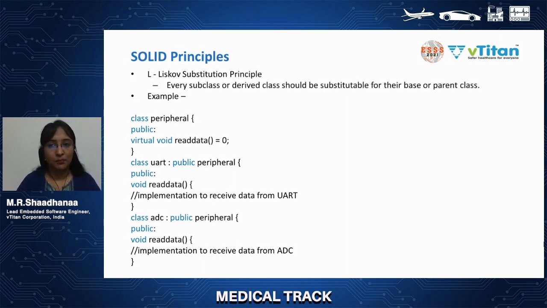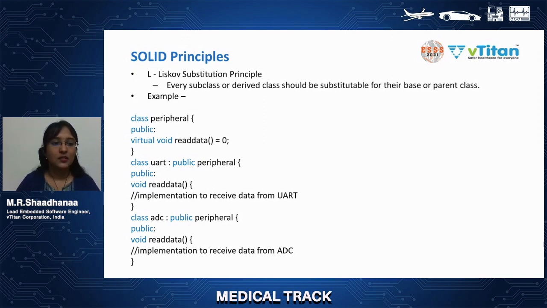Now let us consider specific peripherals like UART, ADC, I2C, and SPI. These peripherals all come under the broader picture of a peripheral, but they have their separate implementations. So what I have done here is I have the read data function as a virtual function, which means I can have a separate implementation for those functions in my derived class.